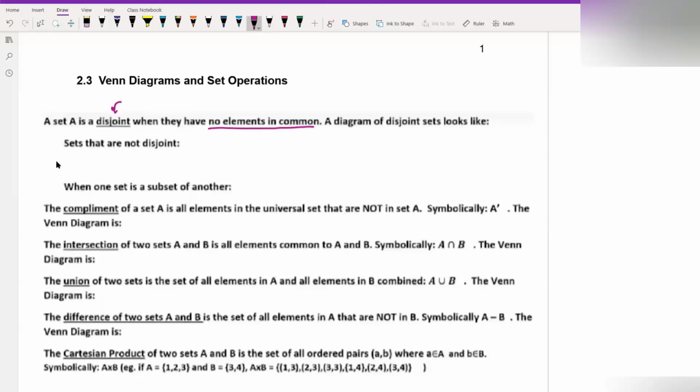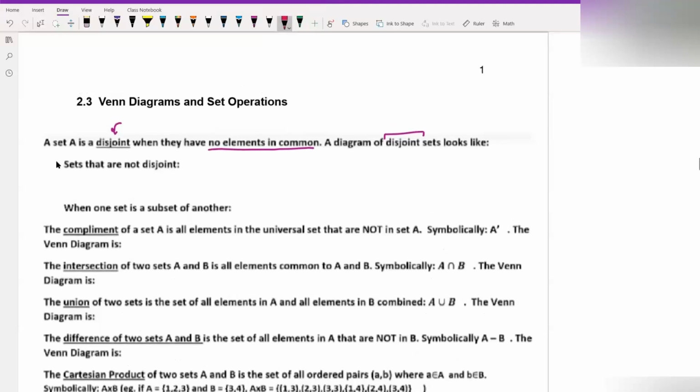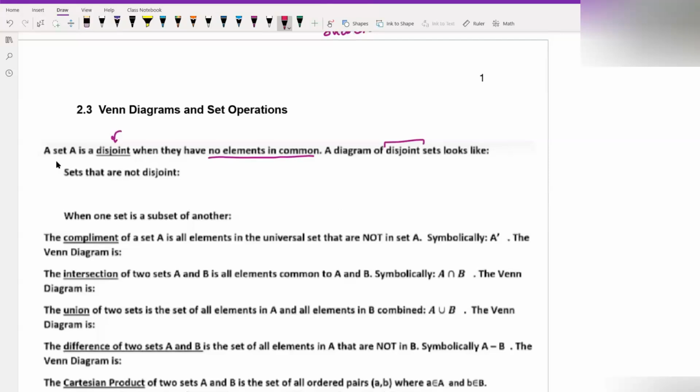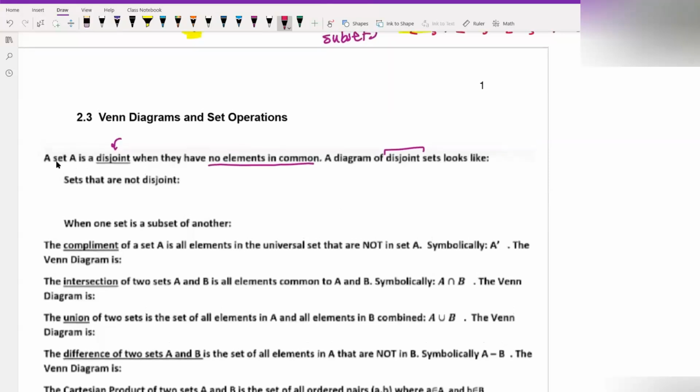A diagram of disjoint sets looks like, okay, I'm going to draw that one. When we have disjoint, for example, let's assume that we have A and B, two sets. So this is a Venn diagram. First, I have this rectangle.